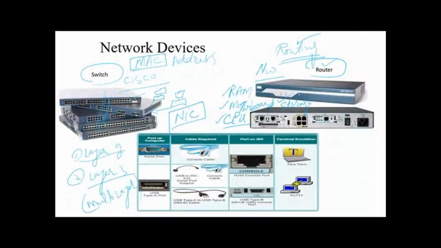These are also available in the switches, because they perform network processes and process the data on the network. So all of them have different hardware like we have in a computer system.